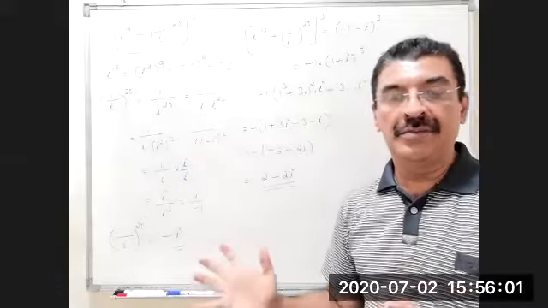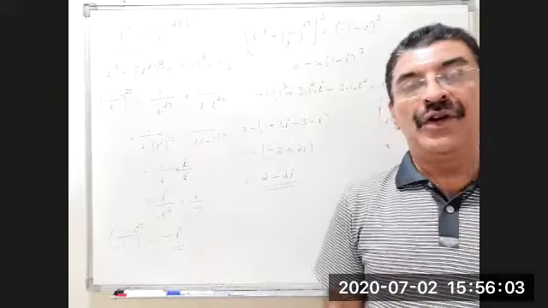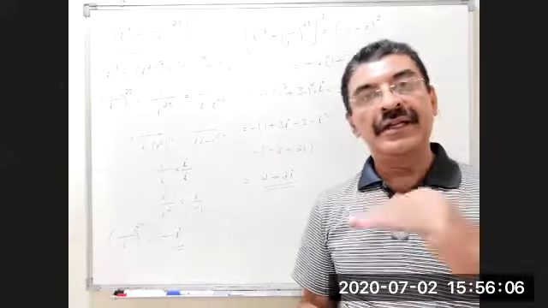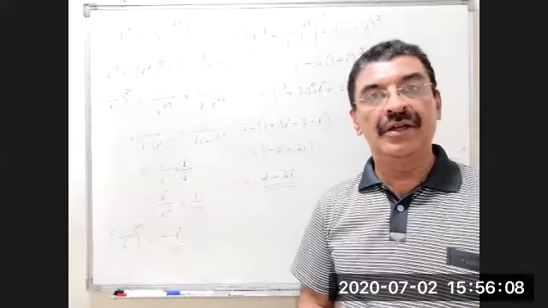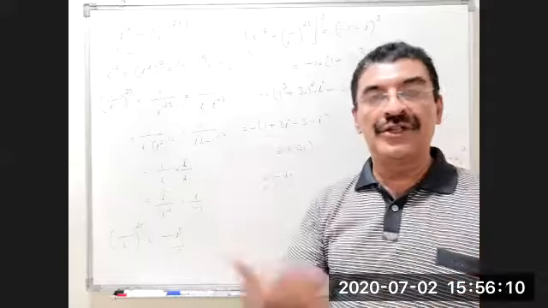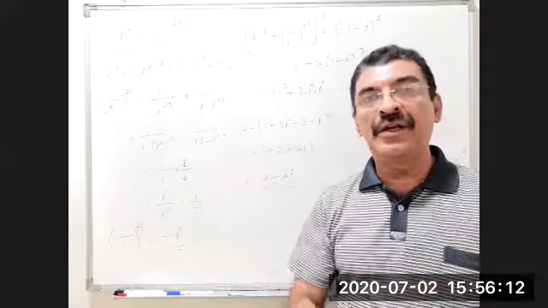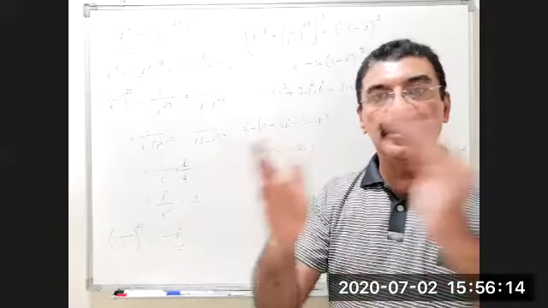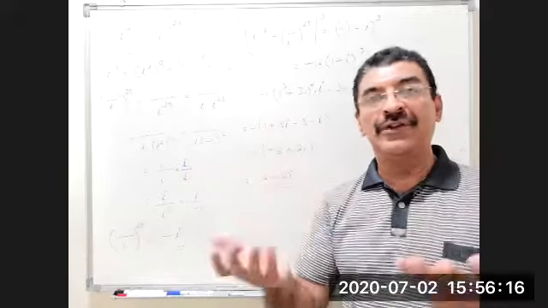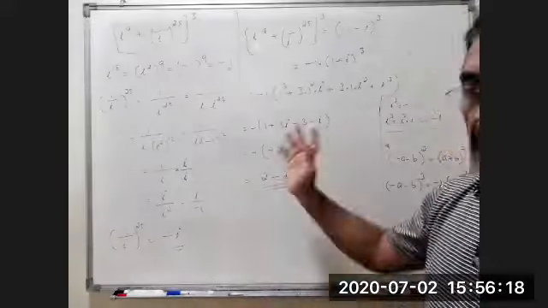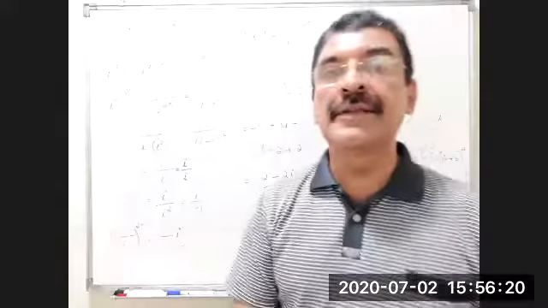The idea is to evaluate the power of i, we write it as an even power. Even powers can be found easily, i square, the power ratio something. If it is an odd power, keep one i separate, then the remaining will be even, and for the even power, again write i square to the power something. That's it. So we'll continue next class.